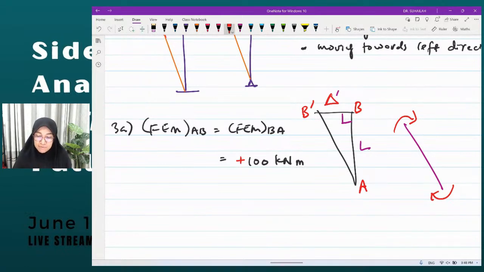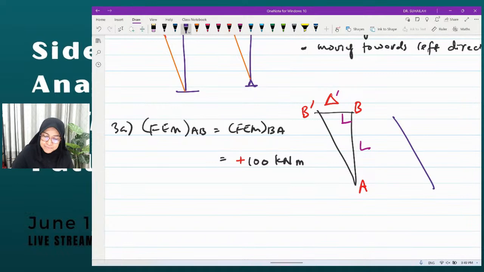Positive is the behavior, so that the FEM pushes the column, after SIDESWAY, to move back to its original position. Again, the frame after SIDESWAY is like this. In this frame we apply moment in order to counter back the new position of the column to its original position.